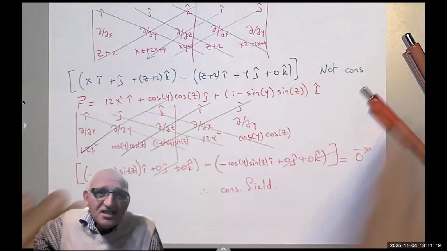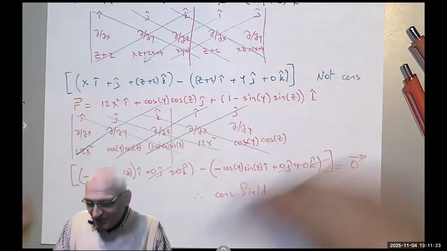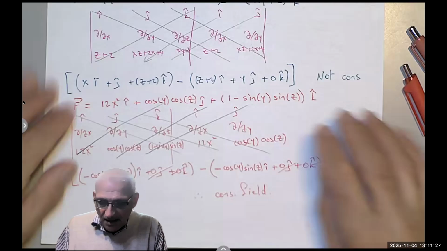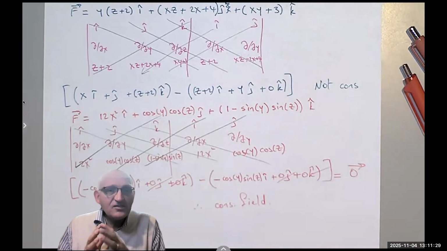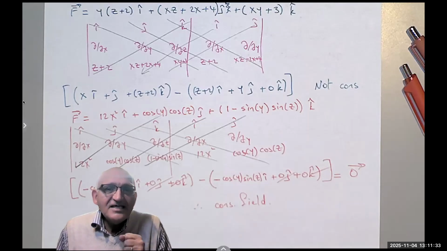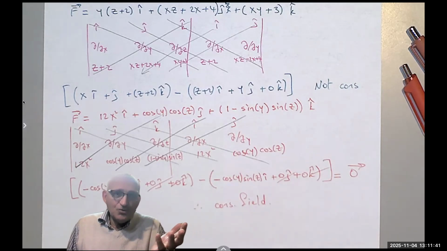So the question is, what difference does it make? So why did you do all of that? That's what we are going to do next time. Only when a field is conservative, we can find something called its potential function. And the potential function makes the line integral very simple, as we will see.